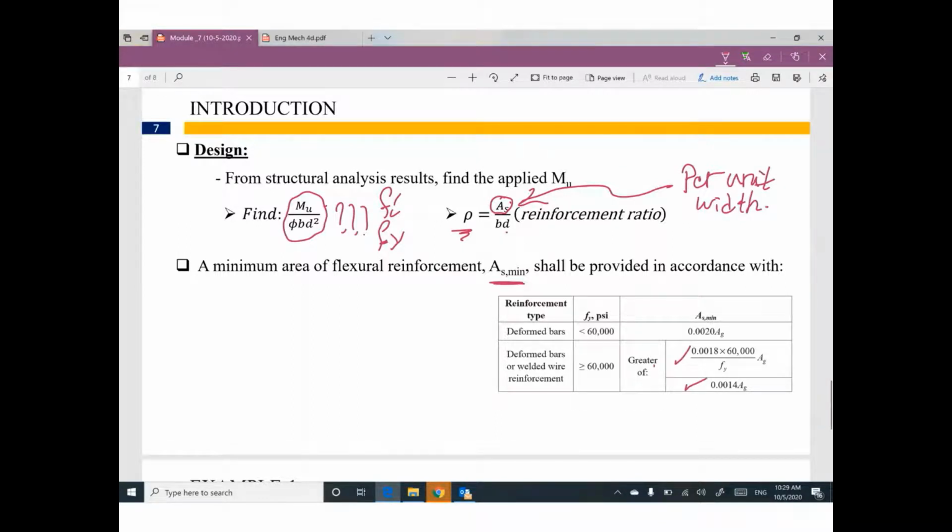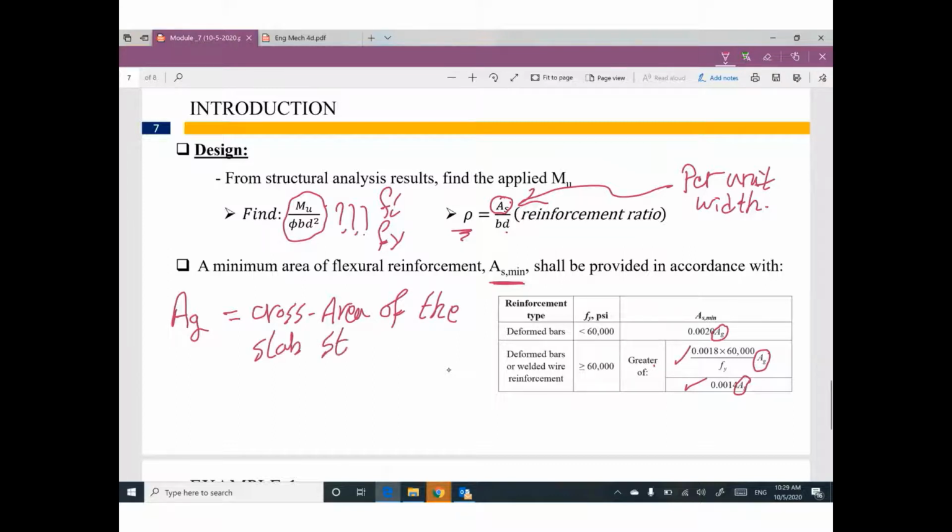Anybody can tell me what is the meaning of area gross here? Area gross means the gross area of the slab strip.